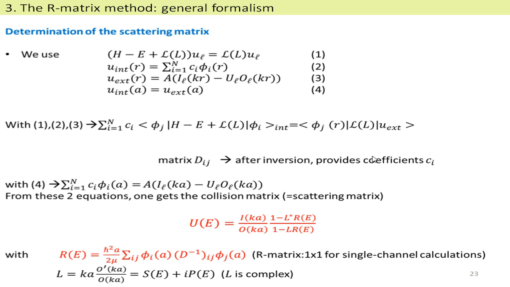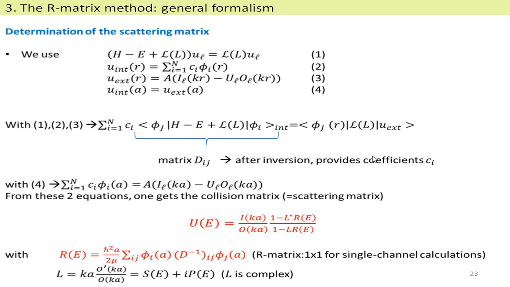And then you see that here this is a matrix, and everything is known. You know the Hamiltonian, you know the basis function, so you can compute this matrix D. And so these are n equations. And when you invert that, you can easily find the coefficients c_i.